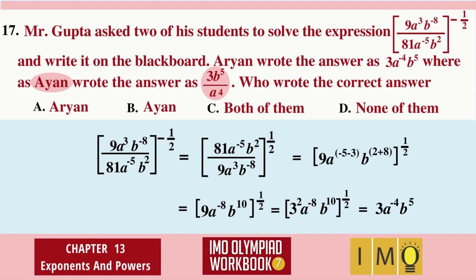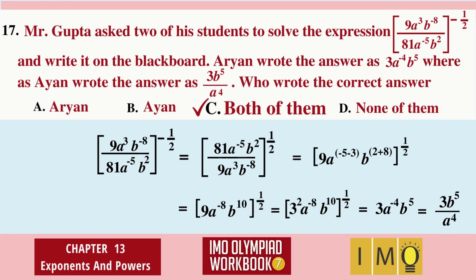The expression 3 a to the power of minus 4 b to the power of 5 can also be written as 3 b to the power of 5 by a to the power of 4, which was the answer written by Ayan. That means both Aryan and Ayan have given the correct answer. So our right option is option C.